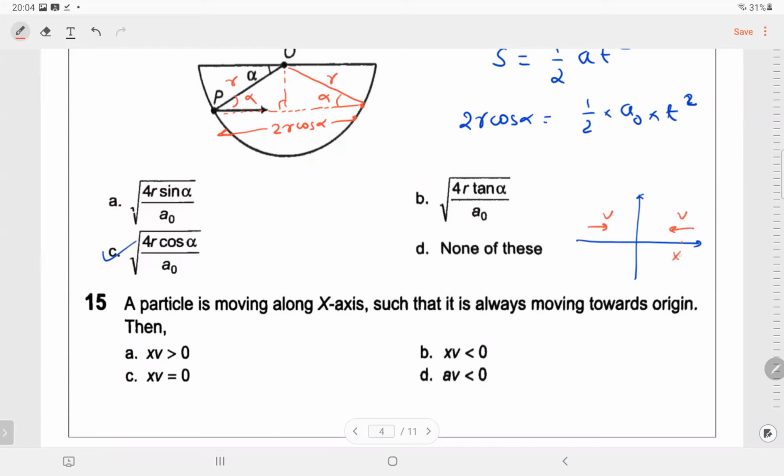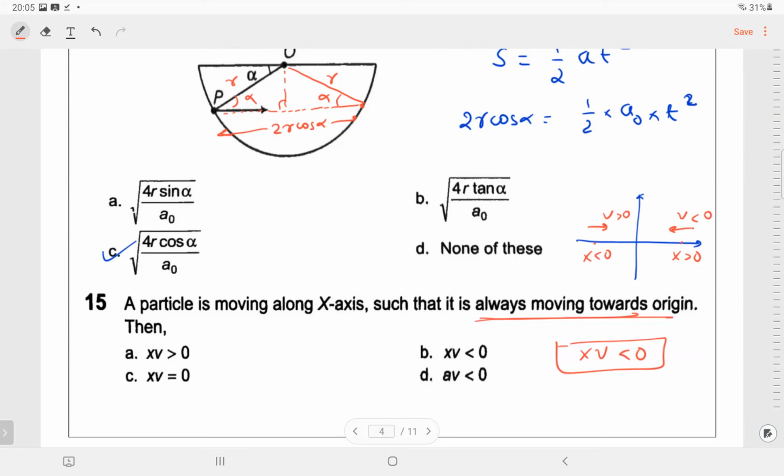When it is on the right side, the x coordinate is positive but velocity is negative. When on the left-hand side, velocity is positive but the x coordinate is negative. As a result, the product of x and v has to be negative if the particle is always moving towards the origin on the x-axis.